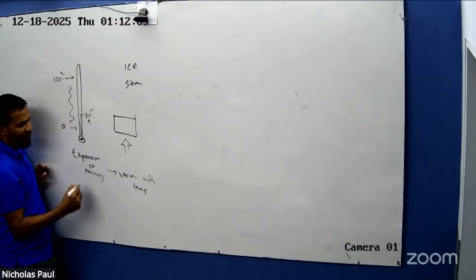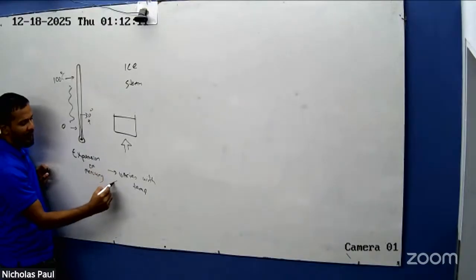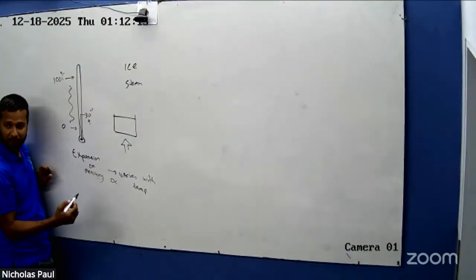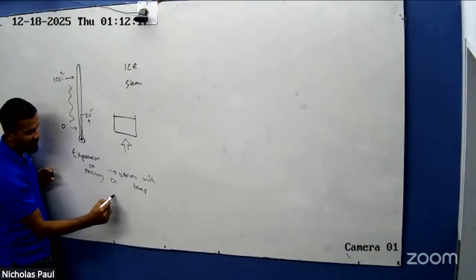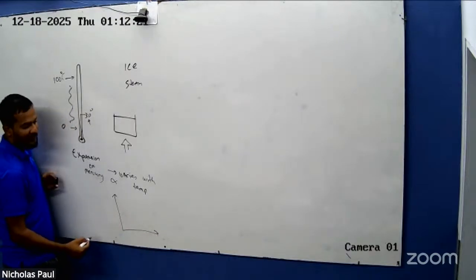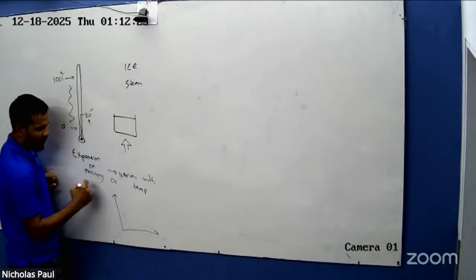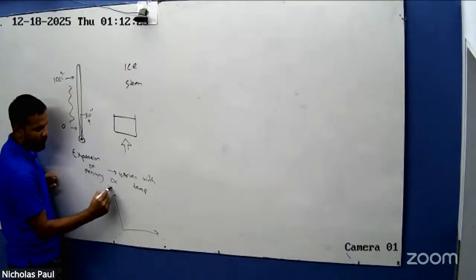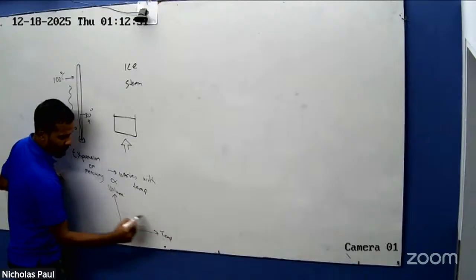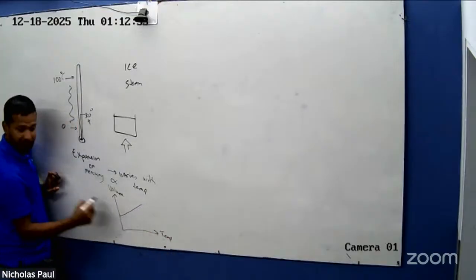This expansion, we assume that these two are proportional and they behave in a linear way. So because of that, I could probably get a graph of expansion, or let's call it volume, versus temperature. And I'll get a straight line like that.